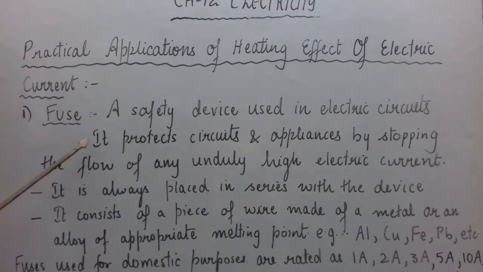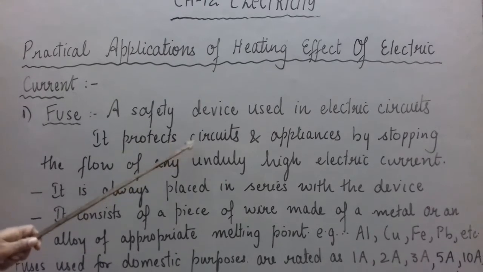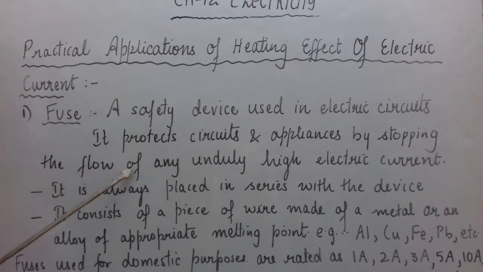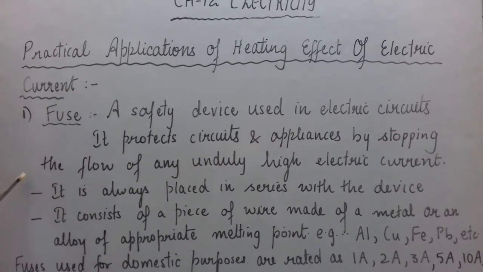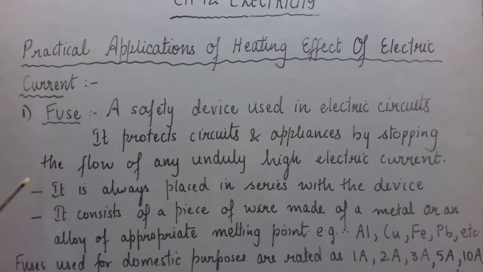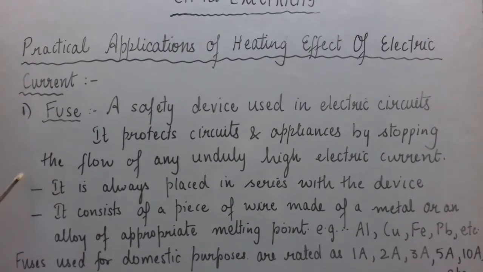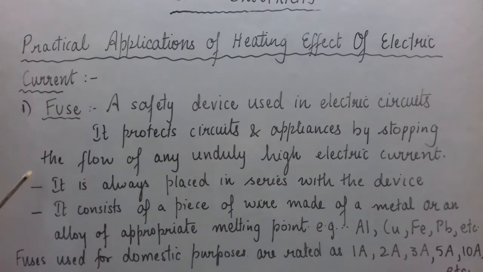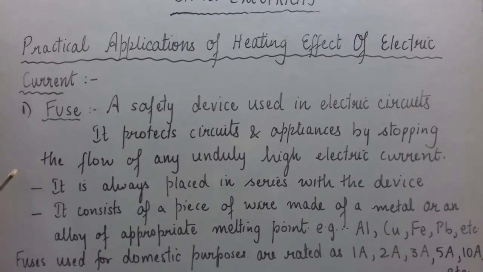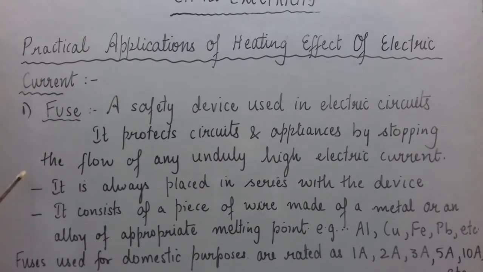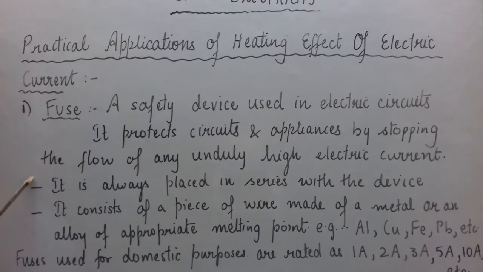So, when we talk about this fuse, it protects the circuits and appliances by stopping the flow of any unduly high electric current. For example, in a domestic electric circuit, you must have seen two wires, live wire and neutral wire. The live wire is at high potential, the neutral wire is at low potential. So suppose, due to overheating, the insulation of the wires gets melted, then what will happen? They will come in contact and large short circuiting will take place.